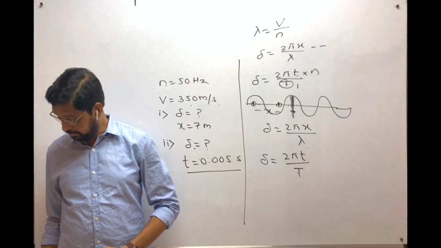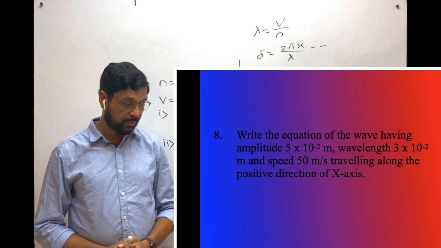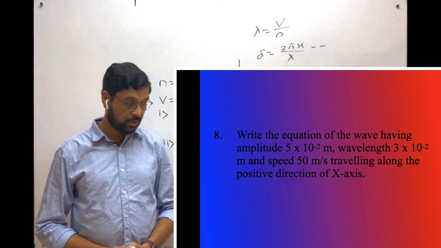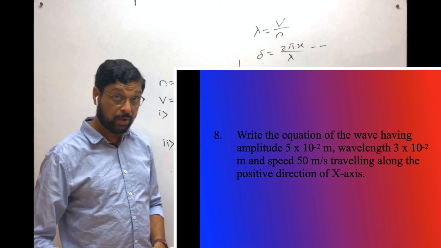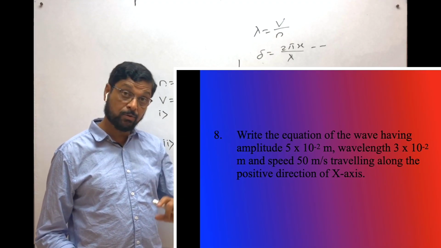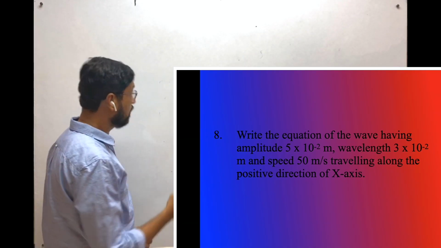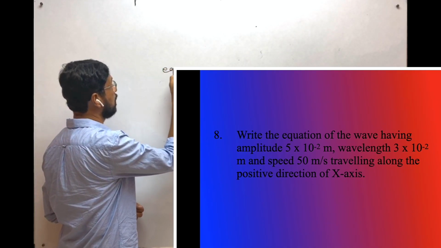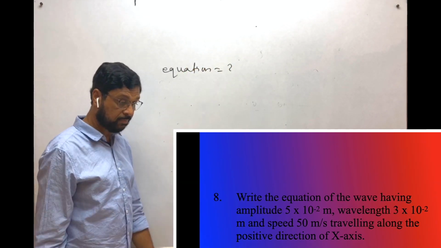Next question now. Write the equation of the wave having amplitude 5 into 10 raised to minus 2 meter. Now values are given and you have to write down the equation. So the question is, write the equation of the wave, and what is given?